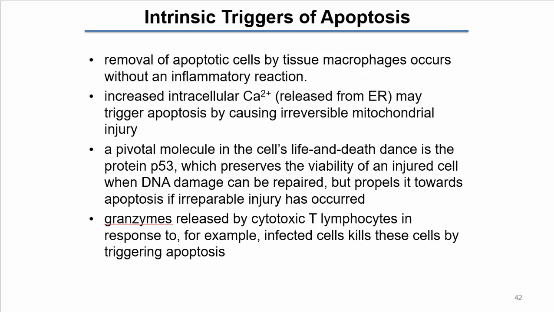There's a protein that's involved, and we'll talk about this more when we're talking about cancer, called P53. What P53 does is when there's a problem in DNA and the DNA is damaged, it halts the cell life cycle for long enough that repair proteins can repair the DNA.